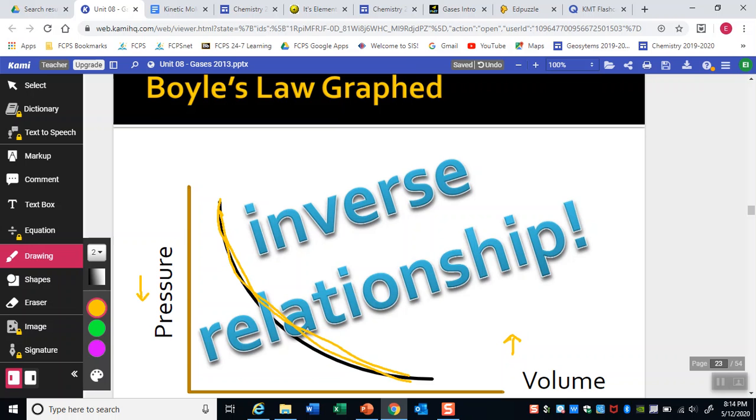Okay. That is an inverse relationship. If I increase the volume, I lower the pressure. Okay, and we know that. That kind of makes sense. The pressure is how the particles are hitting against the sides. Well, if there's more room, then there's less pressure. They're all spread out.